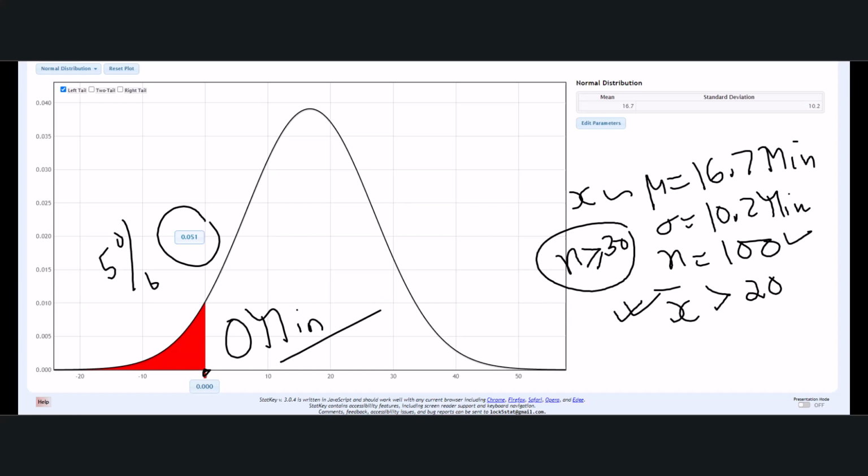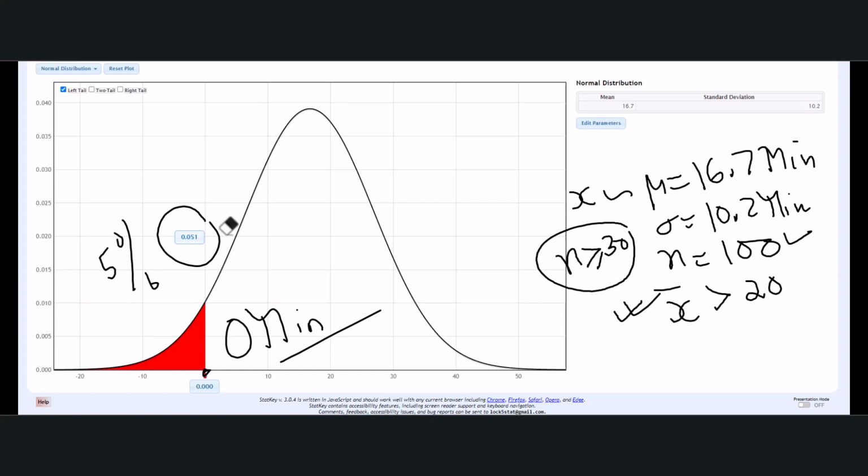So in this case, we know the population does not have a normal distribution, but since the sample size is larger than 30, we can assume that X bar, or the sample mean, has approximately a normal distribution.